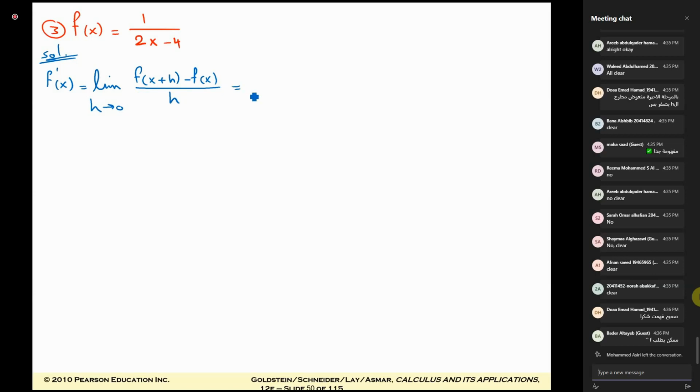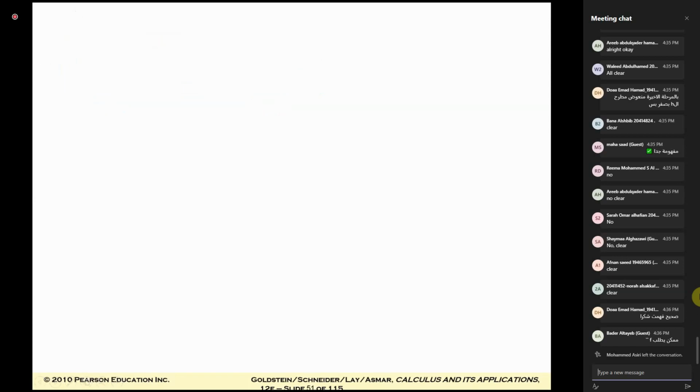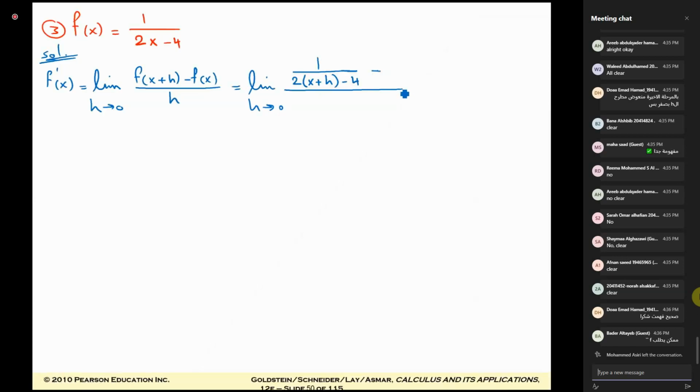Now substitute: f of x plus h equals 1 over 2, replace x with brackets x plus h, minus 4, minus the value of f of x, which is 1 over 2x minus 4, all over h.